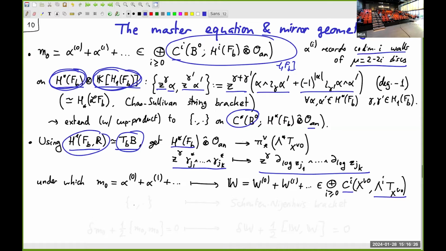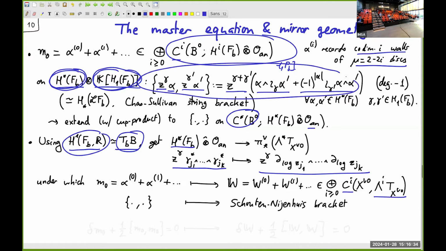And so now we find the next incarnation of our bracket, which is that under this map, the bracket I wrote up here turns into this Schouten-Nijenhuis bracket on polyvector fields. What's that? It's some multilinear extension of things like the Lie derivative by a vector field. You have two polyvector fields, and you look at ways of differentiating one along the vectors that make up the other, and you sum and alternate and so on.